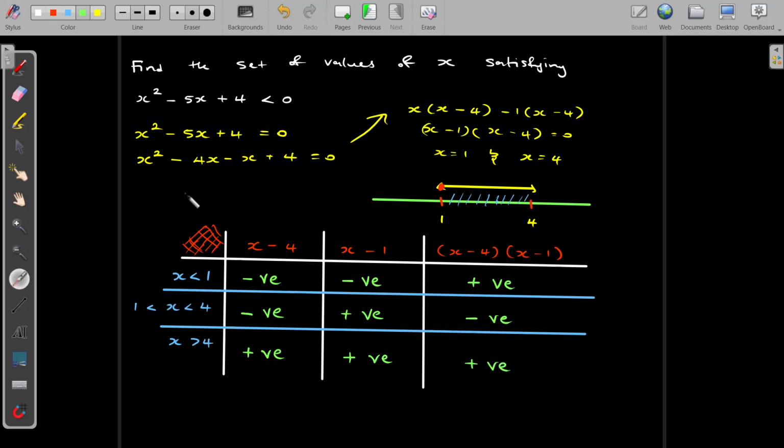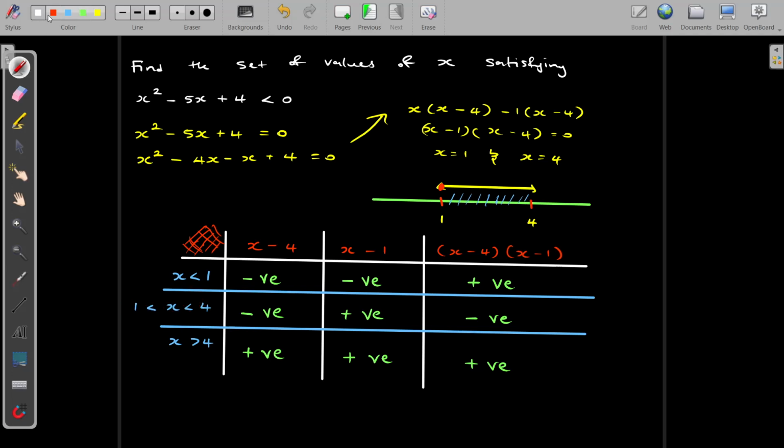So the question is asking us, find the set of solutions of x where this is less than 0. And if it is less than 0, we're looking for what? The negative. We're looking for negative. So the solution set that ended up giving us a negative result would be this one. So this would be your answer.